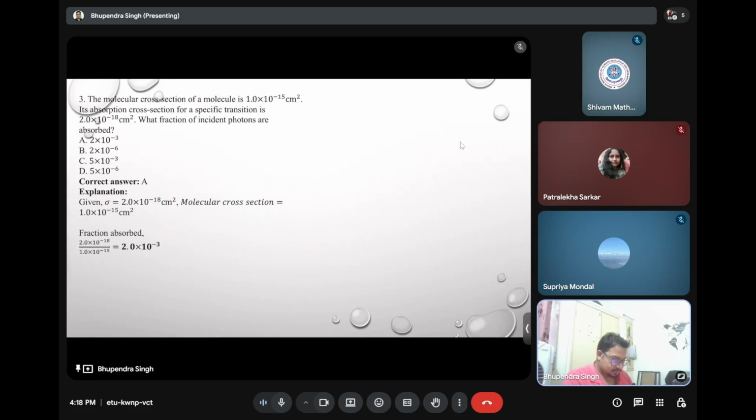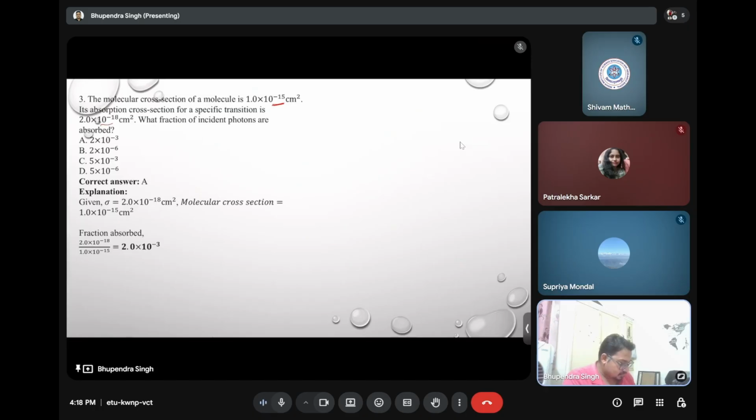Now coming back to this question. The molecular cross section of a molecule is this, and its absorption cross section for a specific transition is this.